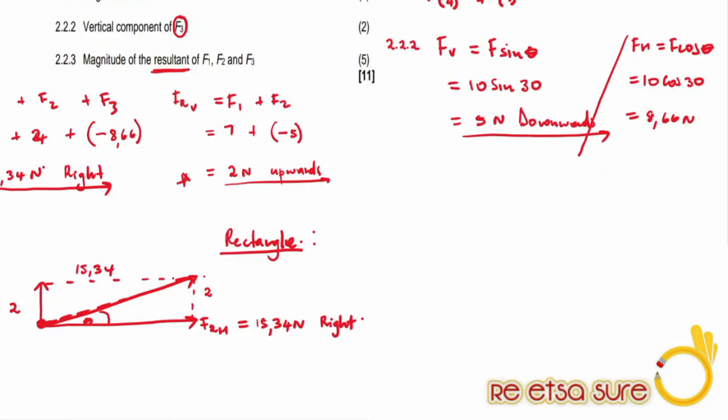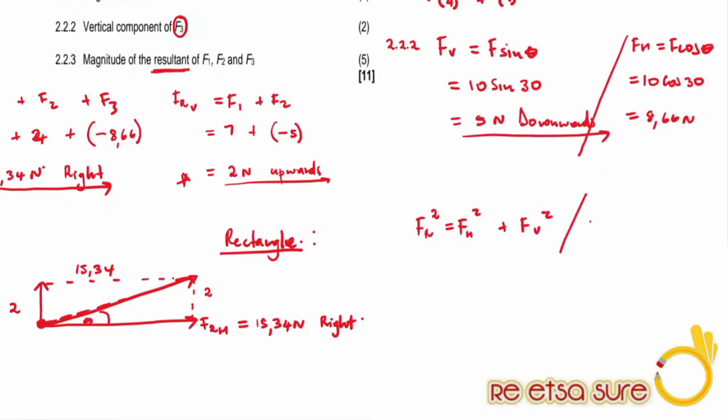So now, in order for us to determine the F resultant, obviously we must be in a position of knowing how to use the theorem of Pythagoras. So in order for me to get this side, I'm just going to say FR squared is equal to F horizontal squared plus F vertical squared.